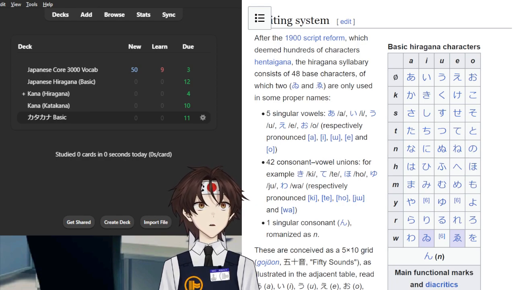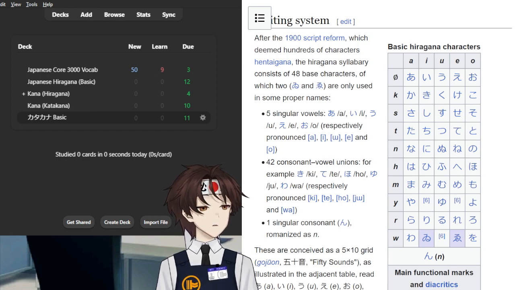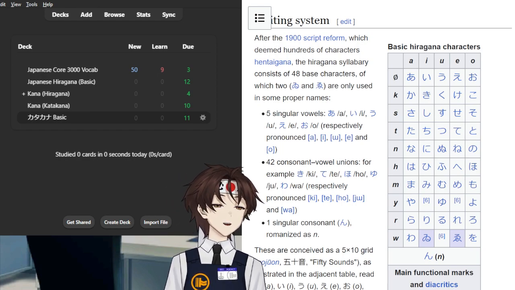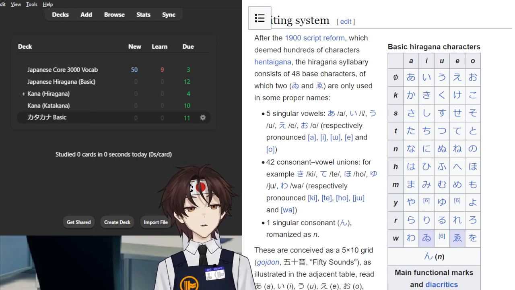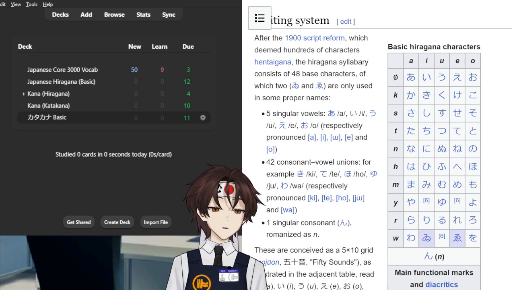I figured if I wanted to learn Japanese, might as well do it in such a way that I have a schedule, and we do it on a weekly basis.